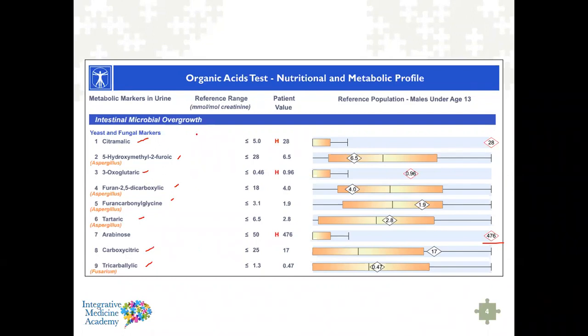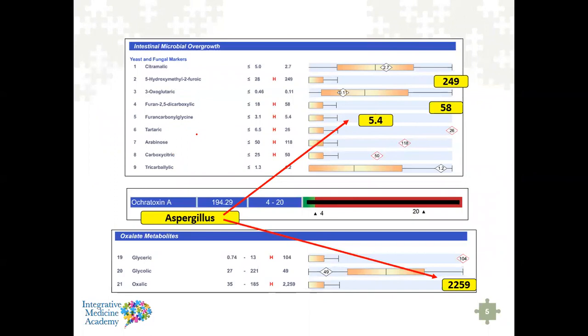So a lot of fungal markers, meaning yeast, including candida, and mold, including Aspergillus, on this profile. Probably the one that's most commonly seen or recognized is the arabinose because it is linked to invasive candida.